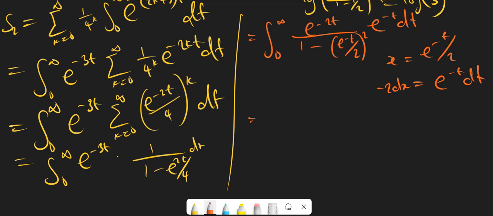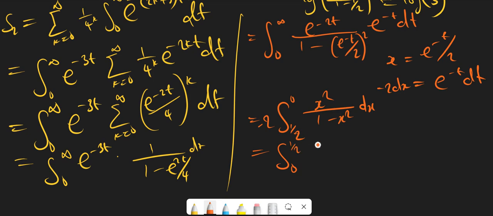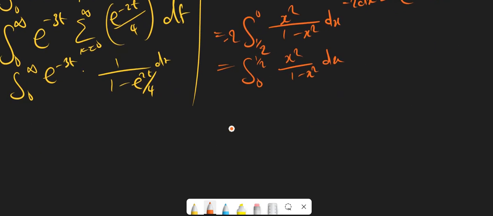So this is going to equal twice the integral from half to 0 of x squared all divided by 1 minus x squared dx, negative 2 rather. So this will give you the integral from 0 to half of x squared over 1 minus x squared dx.